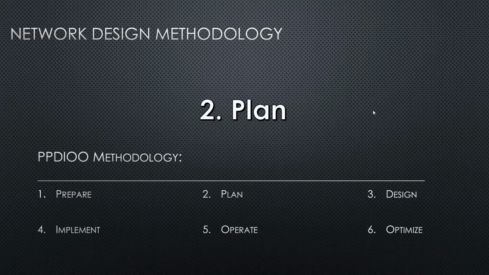The plan phase is the second phase. This phase involves identifying the network requirements, which are based on the goals for the network, where the network will be installed, who will require which network services, and so forth.